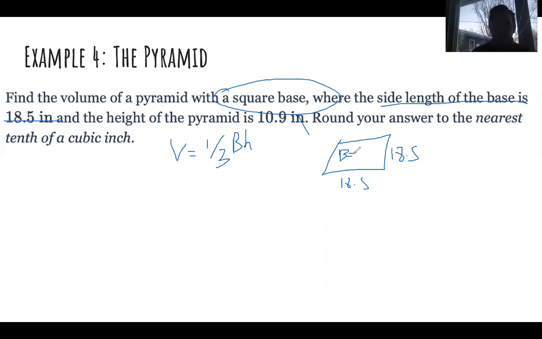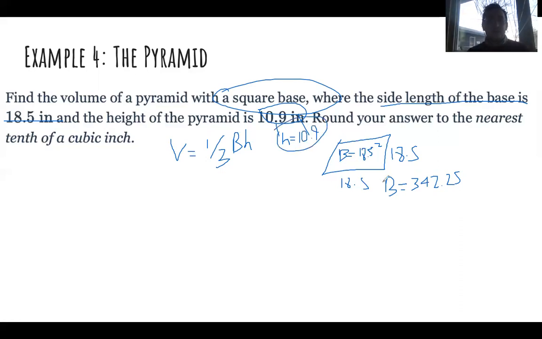So B is simply 18.5 squared, because it is a square. And that's going to be 342.25. And then it gives us the height, and this is not the slant height, but the overall height from top to bottom. That's going to be 10.9.